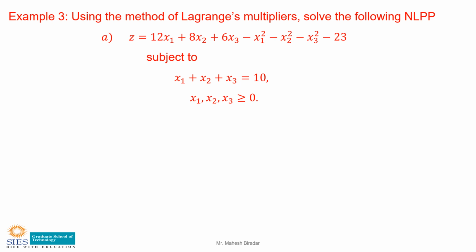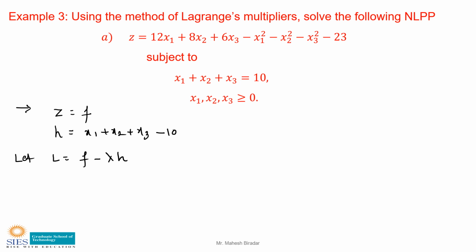So here they have given z. I am going to consider z equal to f. They have given h also. H is the constraint, x1 plus x2 plus x3 minus 10. I am going to write L is equal to f minus lambda h.